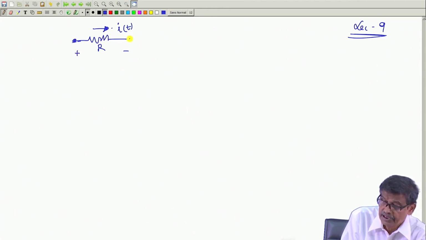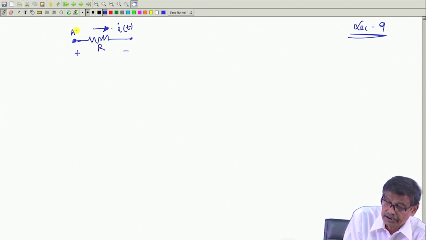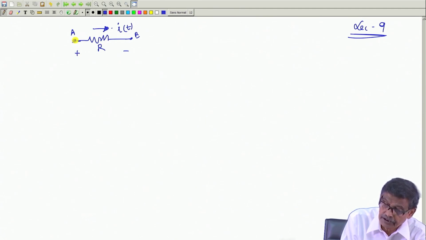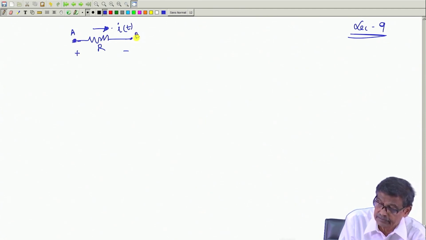But once I choose it, I know the potential VAB, that is, if this is point A, the resistance has two terminals, then VAB we will indicate it by plus. Wherever I write plus henceforth, it means potential of this point with respect to that.